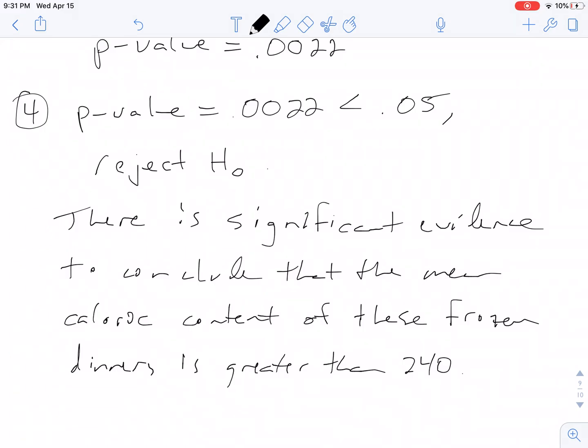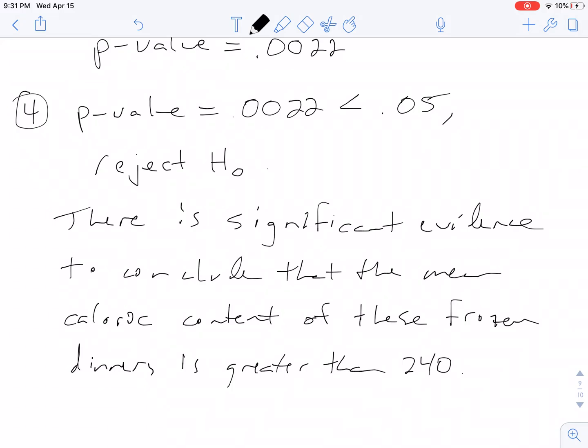So again, we do have evidence for the alternate hypothesis, so we can say that we have evidence that caloric content is higher than the posted 240 calories.